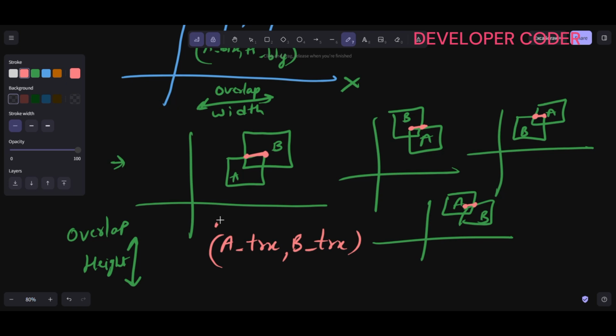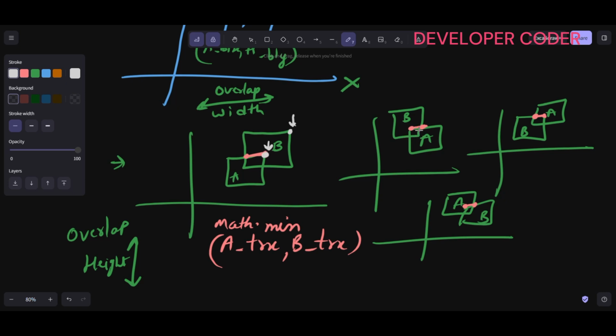So minimum of these two, Math.min of these two, A top right x. So A top right x, here if you see in this shape, that simply means I'm talking about this point, and B's top right x, this. So among these two points, I am picking the minimum. So minimum is this.